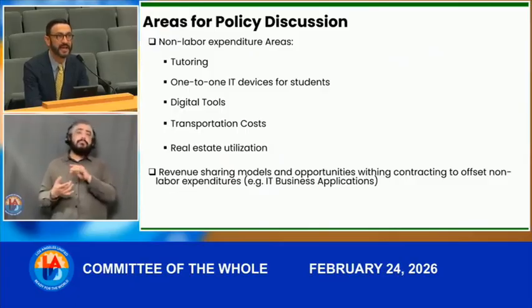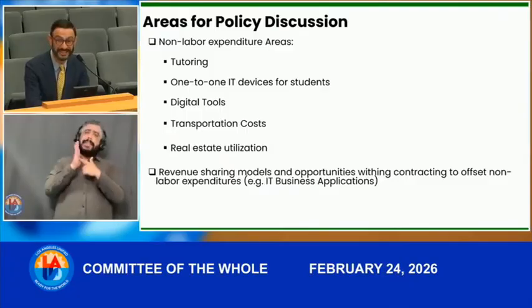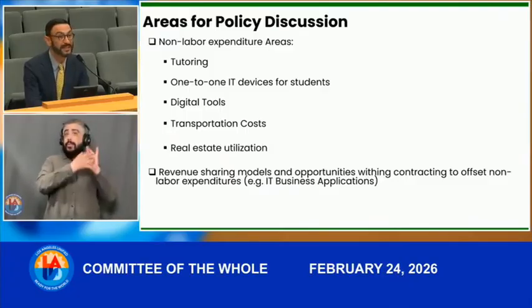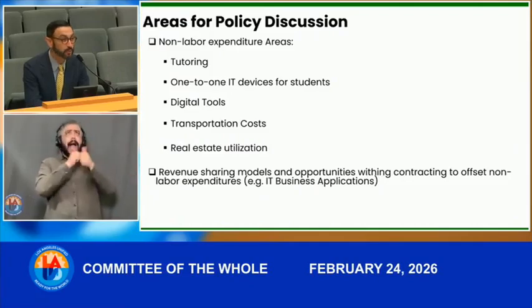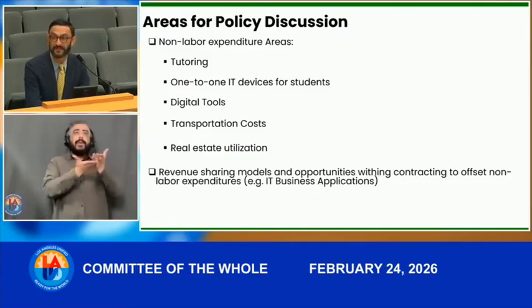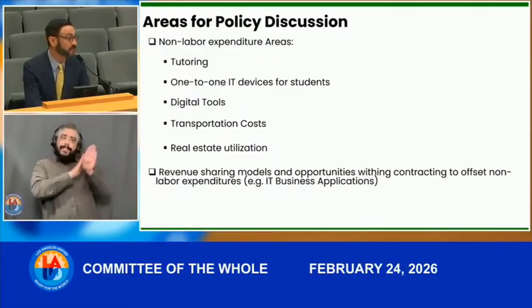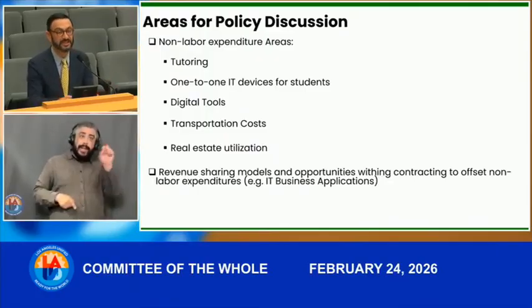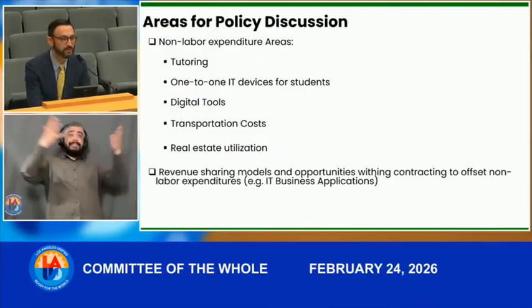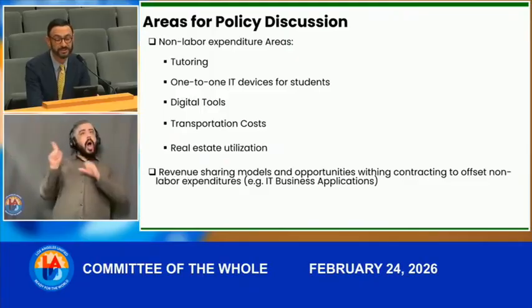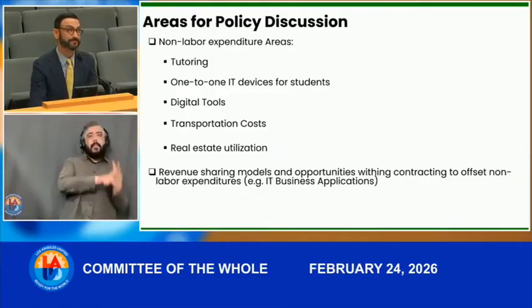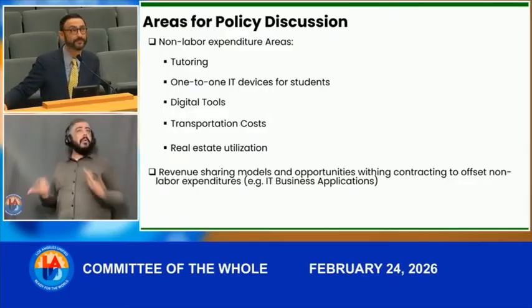There's some examples of that in some of our IT business applications, where if we get creative in the way we contract, because so much time and resources are put in to developing tools for LAUSD, given our size, and sometimes the development of those tools, the final product, is something that can be used by other districts, and that presents an opportunity for us to generate revenue that can offset the amount that we spend on those contracts.